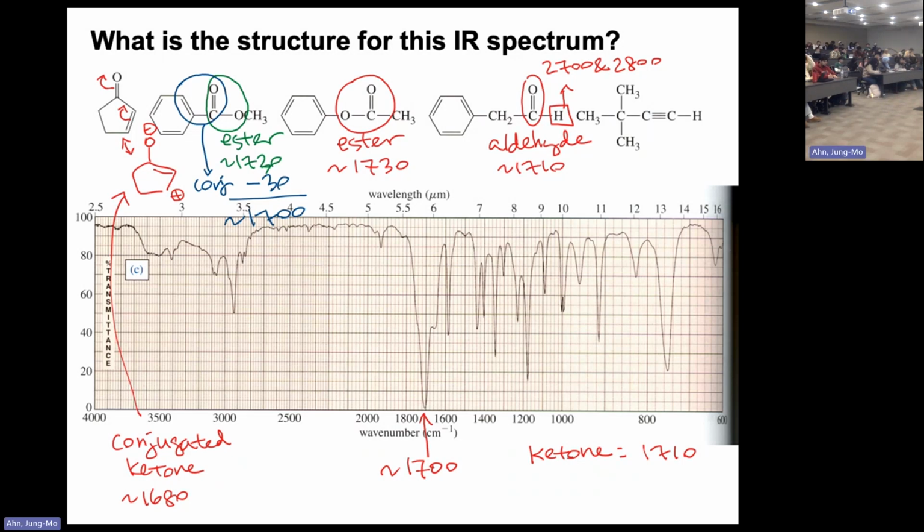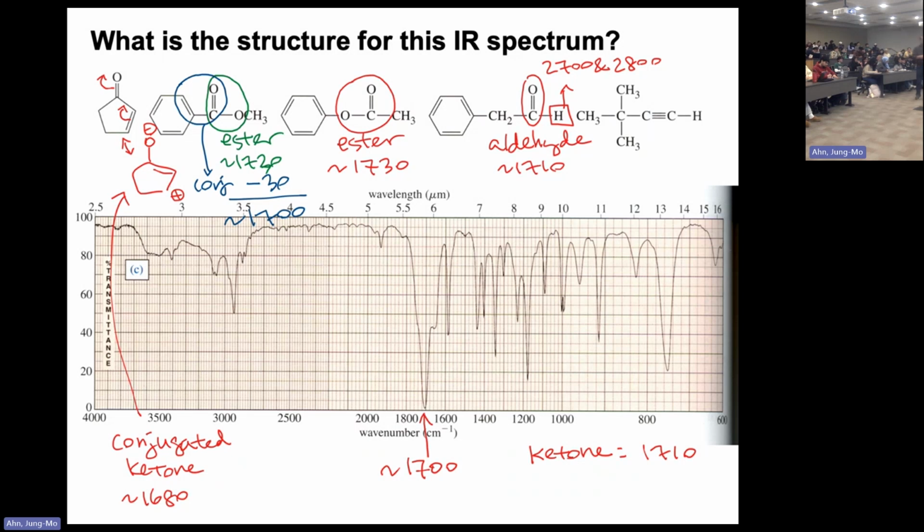It's a minor contributor, but if they make resonance structures, the carbonyl of an ester is going to be shifted down. But think about it this way. An ester typically shows like 1720, 1730, but it's shifted down because of the conjugation by about 20 to 30. Then that's going to make it like 1700.